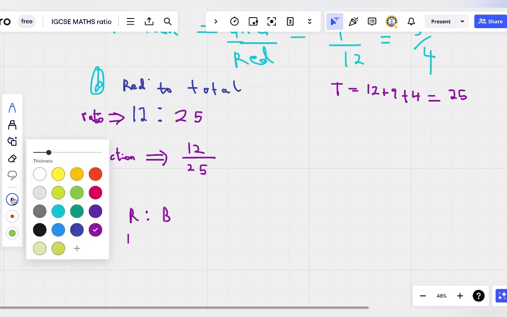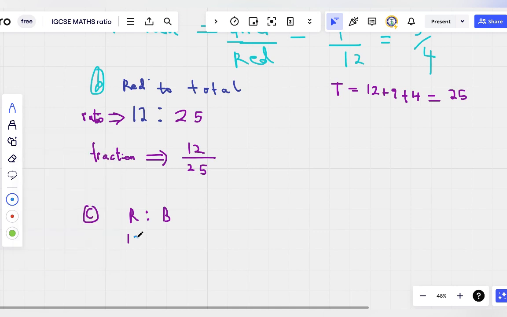Red cars are 12, and then blue cars are 4. So in ratio, we simplify our ratio. If you are writing in form of ratio, you can also put the answer in form of fraction. Okay?